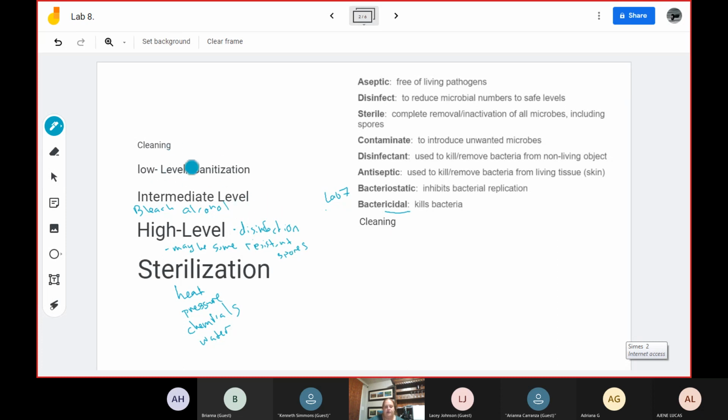Then you could have your low level sanitization. So these are all usually some sort of chemical or some sort of method such as heat or pressure to be cleaning. So your low level sanitization might be like using soap for hand washing.